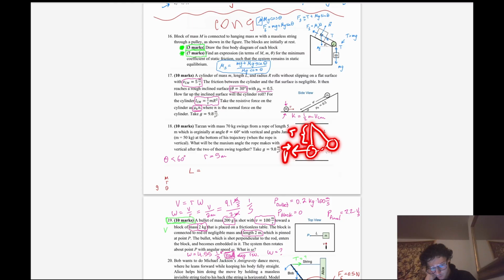If we have r, which we do, and we find this v, then we could do m r cross v and find the angular momentum of Tarzan, right?